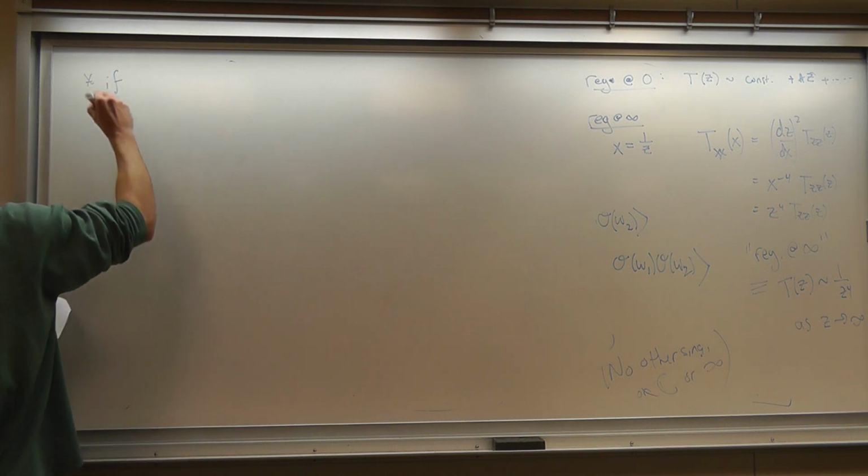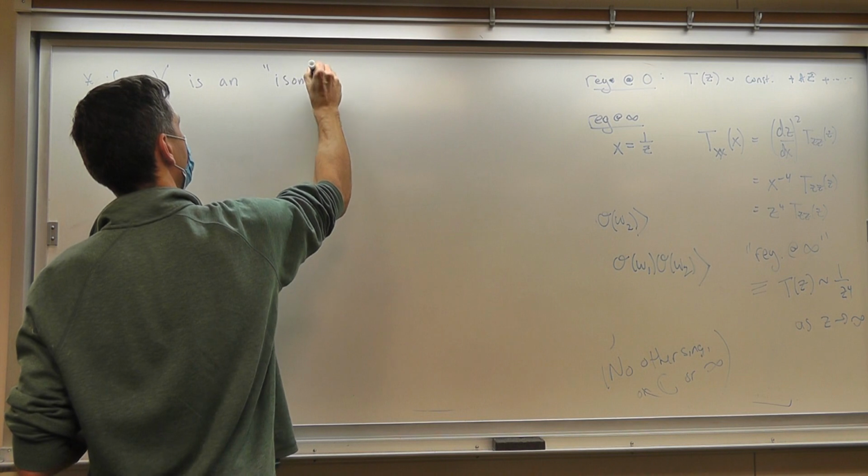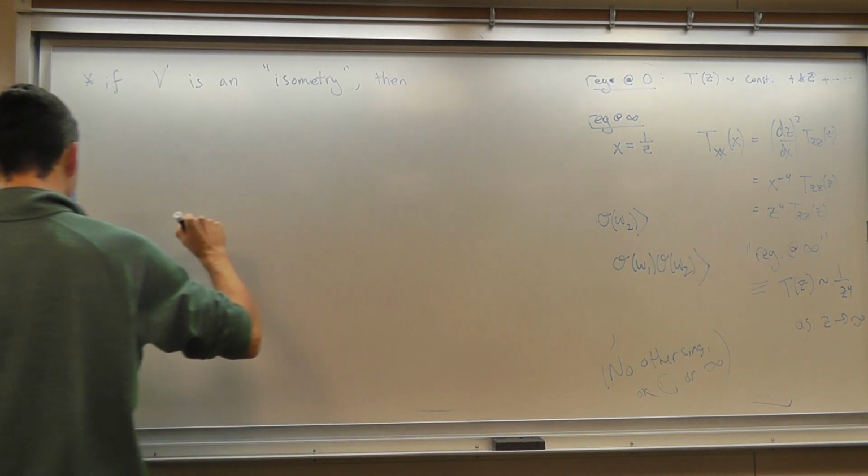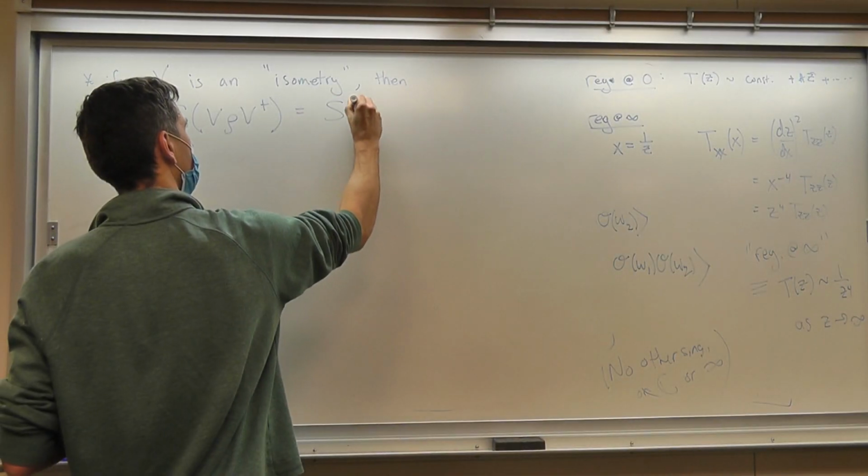Okay, another property is that if you have an operator V, I'll define this in a second. If the operator V is an isometry, then S of V rho V dagger is equal to S of rho.